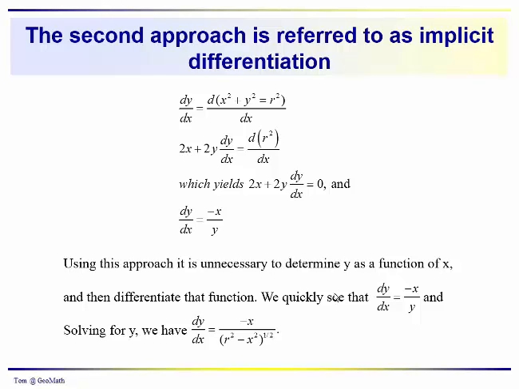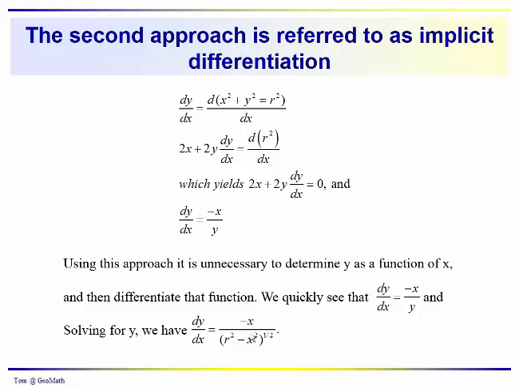So it quickly leads to this derivative, and then you can solve for y and just substitute into this relationship. So solving for y, we have y is equal to r squared minus x squared to the 1/2 power. Substitute that in. Now we have a dy/dx expressed in terms of x.